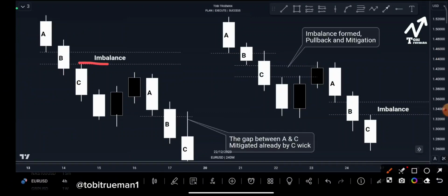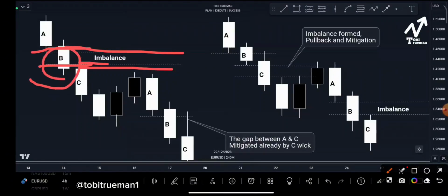By the time you draw two lines across the body of candlestick B, you see there is an imbalance in between the two wicks, the candlestick A wick and candlestick C wick. That's the line that passed through the body of candlestick B. That's what we call a gap.